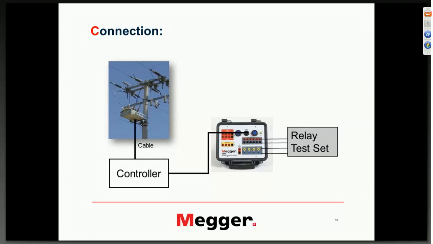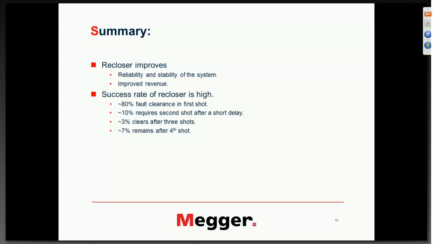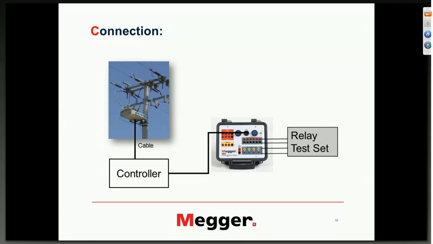You can use that software on your laptop to control the relay test set, and it automatically tests all the functions of the controller using the relay test set and this ERTS box or ERTS unit. So that is the solution that we provide.